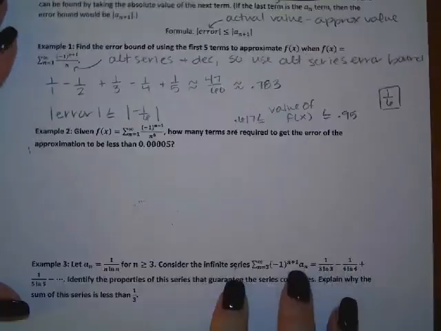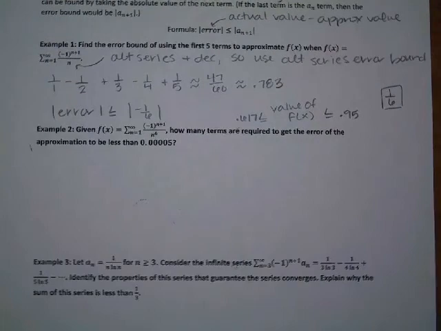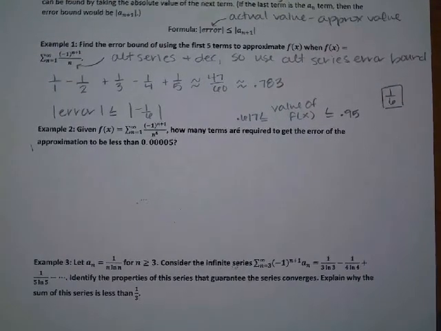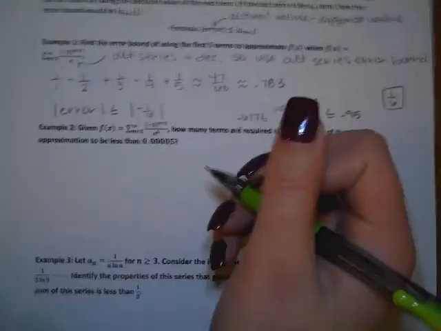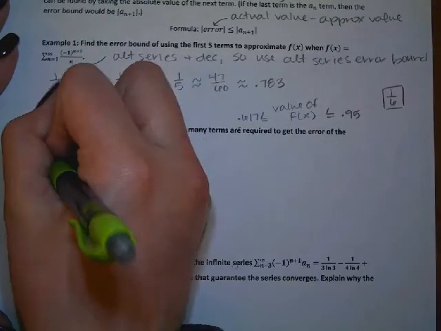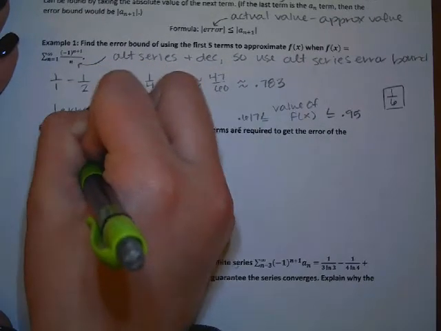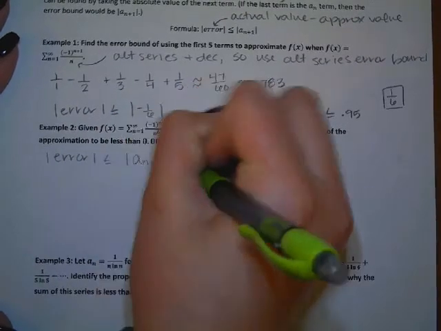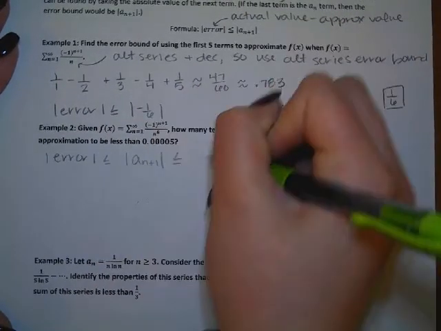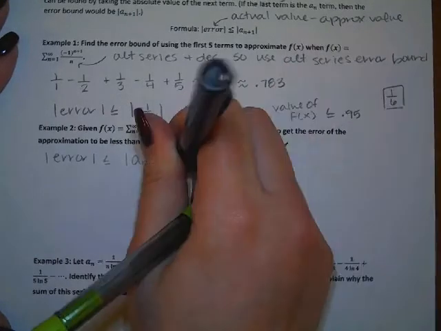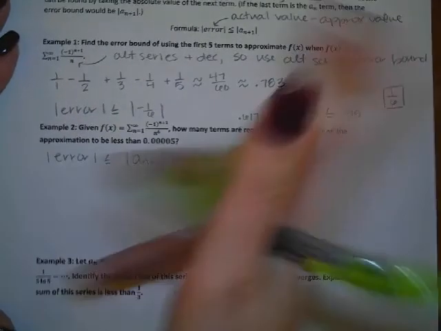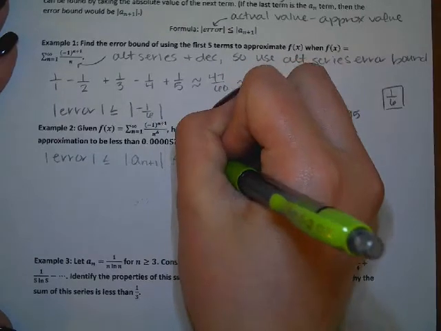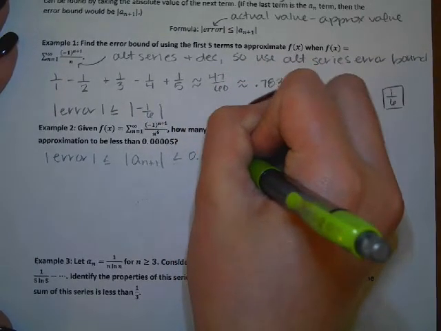Okay. Example 2 says, given the series, how many terms are required to get the error approximation to be less than 0.00005? So we're going to say the error has to be less than or equal to the n plus 1 term, which is less than 0.00005.